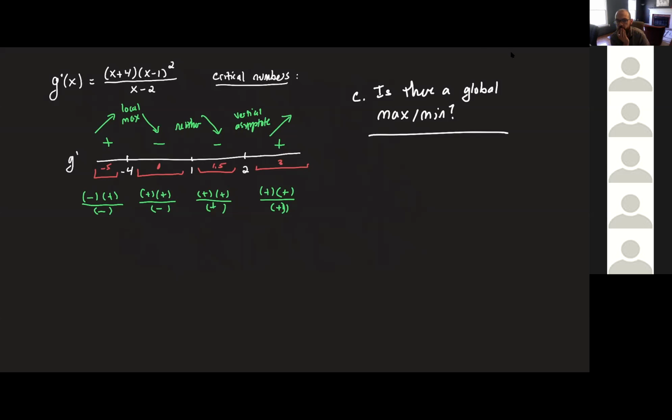Any ideas from this? Would the global max be -4, 2?